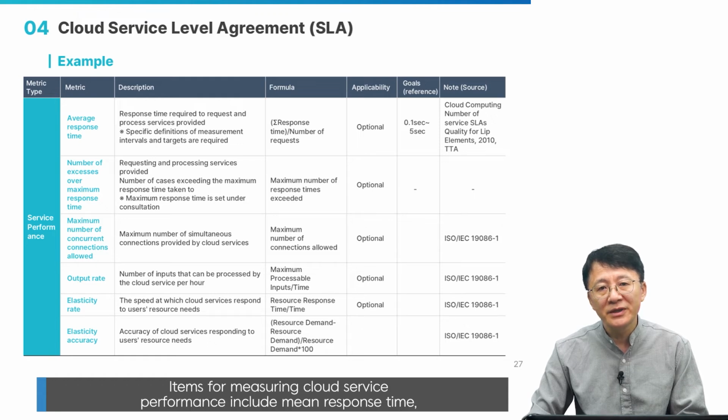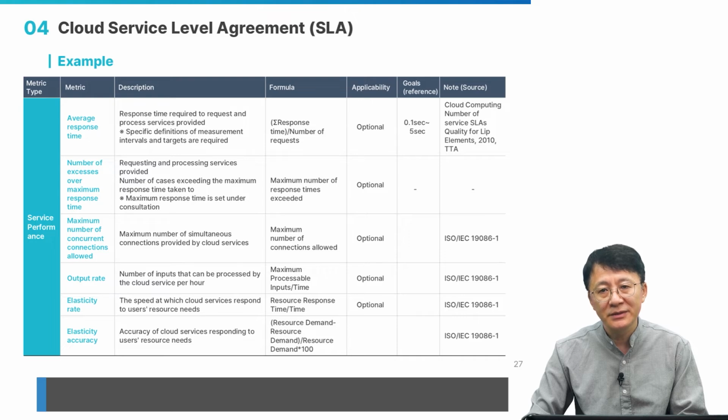Items for measuring cloud service performance include mean response time, the number of excesses over the maximum response time, the maximum number of concurrent connections, output rate, and the utilization rate.